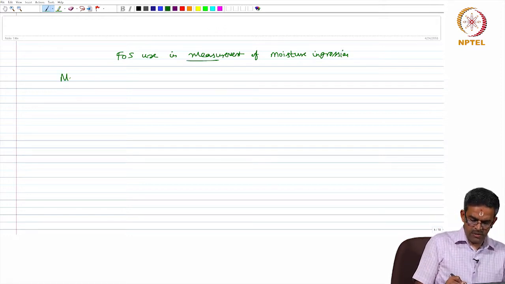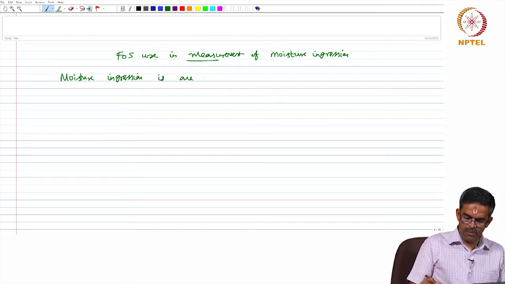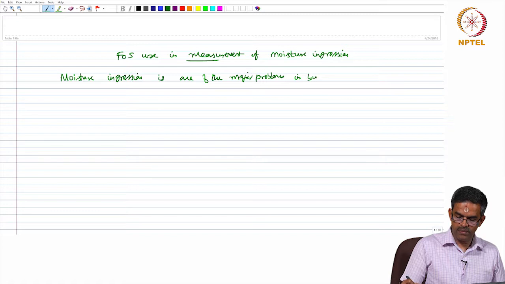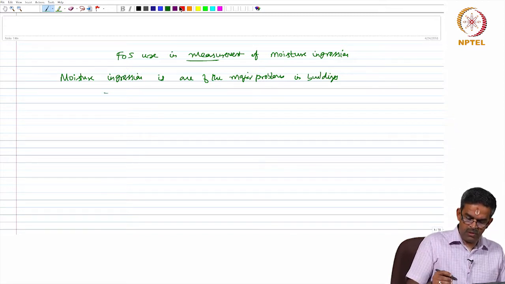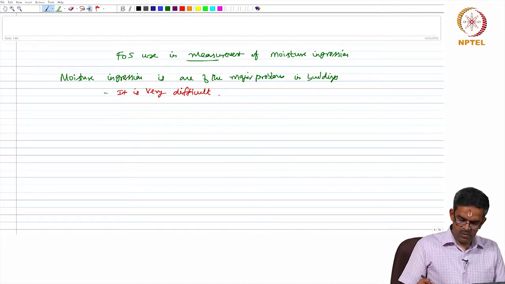Moisture ingression is one of the major problems in buildings. The most important task is it is very difficult to measure this data.